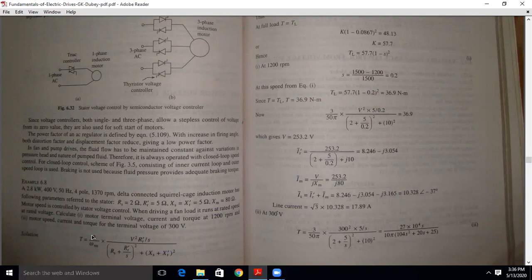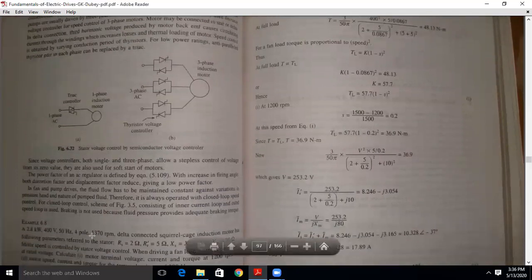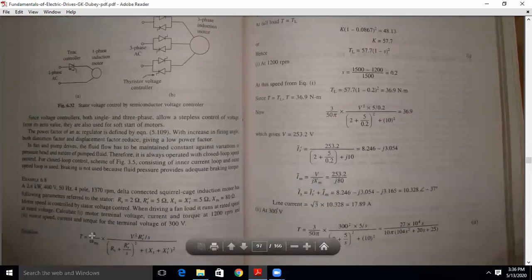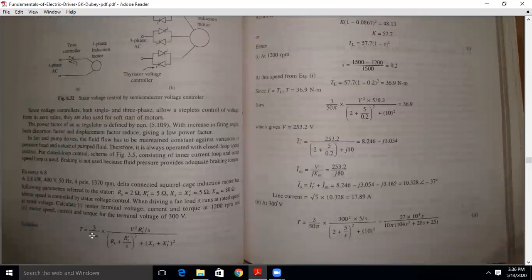So we need to calculate the torque here.